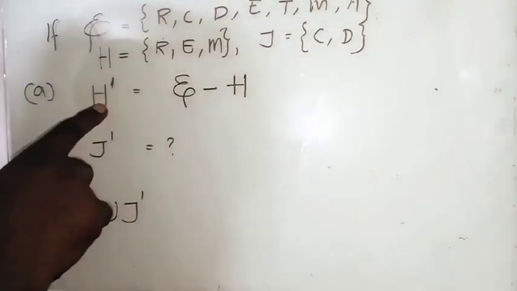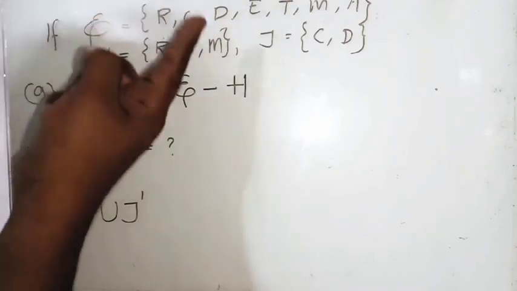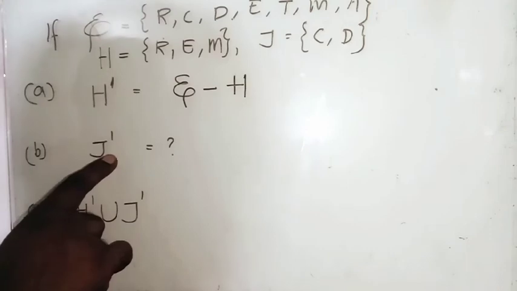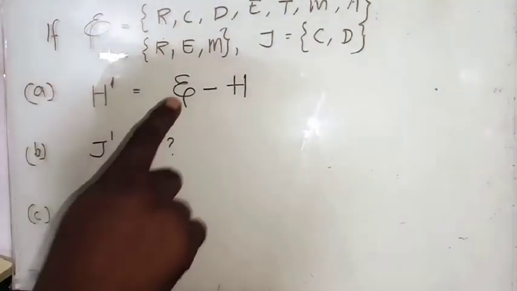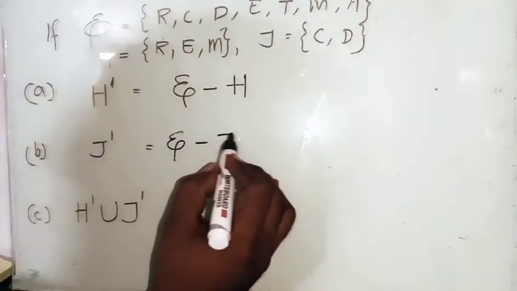The complement of H is the set of elements which are present in the universal set but not in H. J complement is the set of elements present in the universal set but not in J, that is mu minus J.